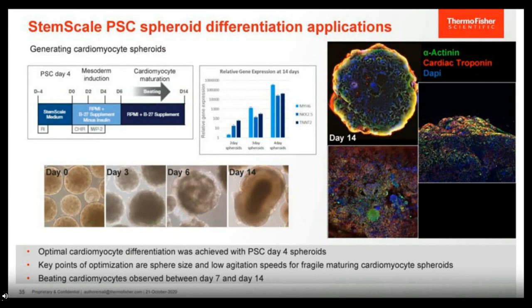So that's another thing to keep in mind when you're optimizing these suspension culture protocols: decreasing the agitation speed is more gentle on the cells. If you see cells breaking up, you can adjust the speed to compensate for that. For these protocols, he found that beating cardiomyocytes were observed between day 7 and day 14.